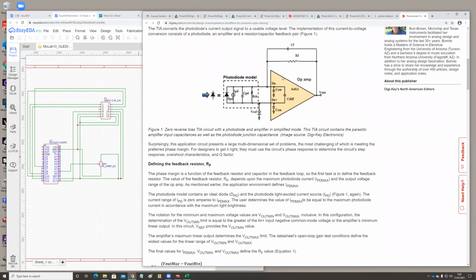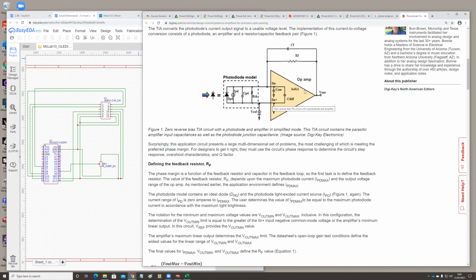So there is an operational amplifier, and an operational amplifier is a device that you can think about as an amplifier where there is a very large amplification of the difference of these input voltages.